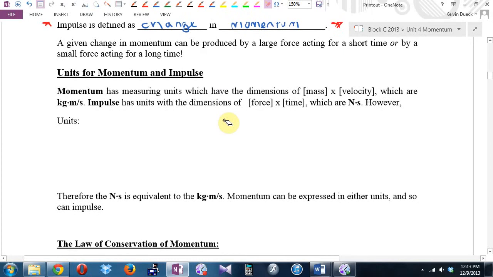Units for momentum and impulse. Momentum has measuring units which have the dimensions of mass times velocity. Impulse has units which are force times time, Newton seconds. However, it turns out that means this.